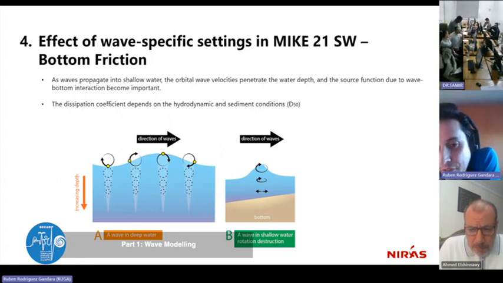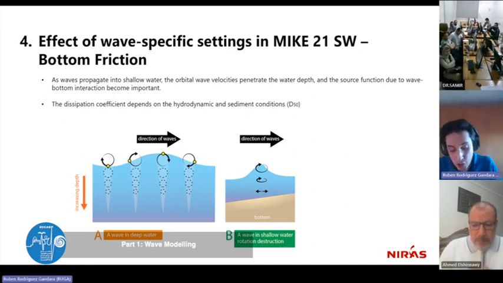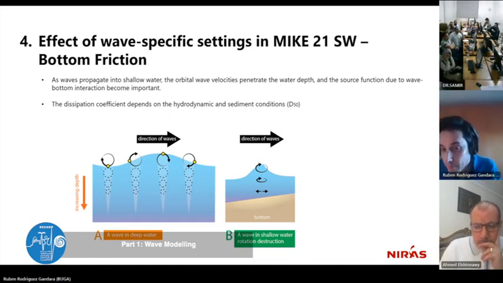If you increase the default value a little bit, you will have more friction and your waves will be lower, or you can do the opposite. You lower the friction coefficient, meaning less dissipation, and your waves will grow bigger. Then you fine tune that parameter to match whichever measurement you have in the area, always within recommended values.